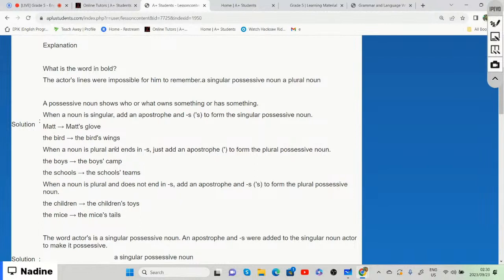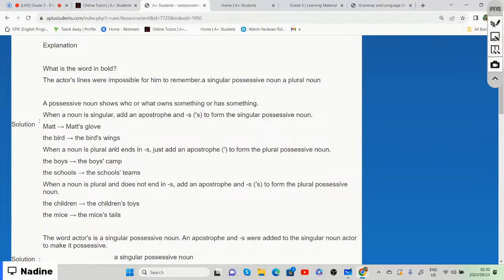So we put the apostrophe and we put the s whenever we show possession. So, a possessive noun shows who or what owns something or has something, right?